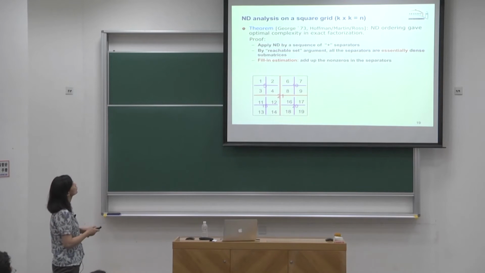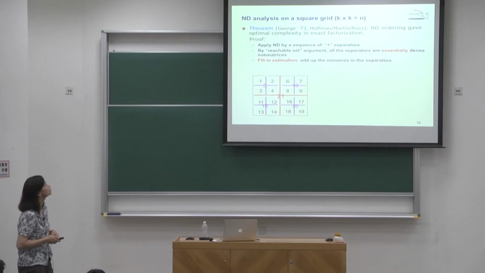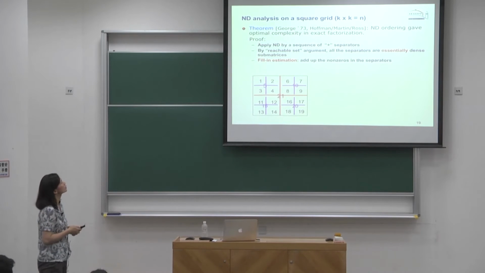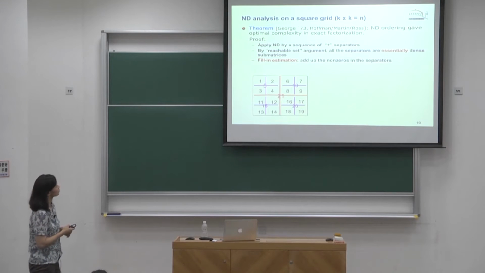So nested dissection was invented 40 years ago. In fact, two weeks ago, we just had a meeting in Waterloo to celebrate the invention of nested dissection ordering by Alan George at the University of Waterloo.